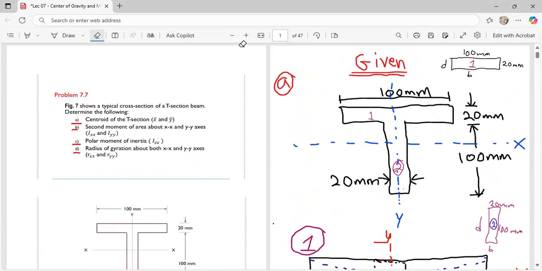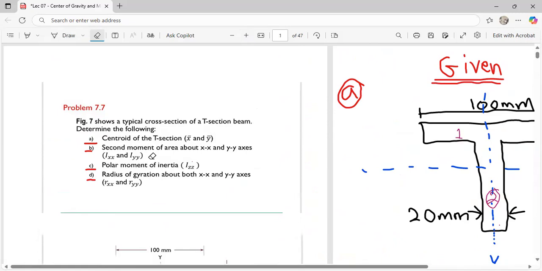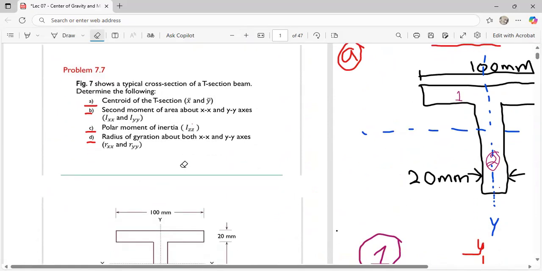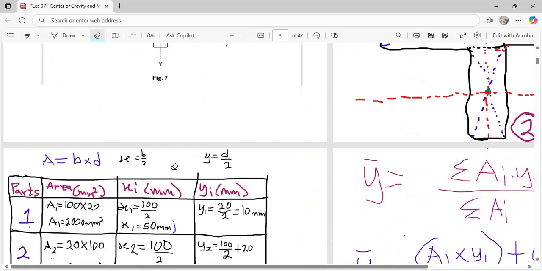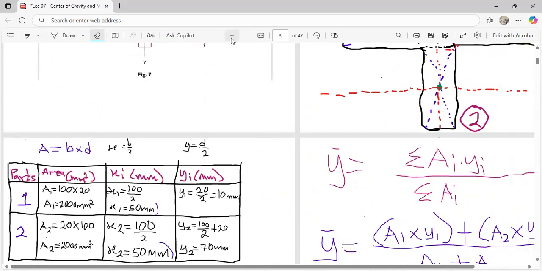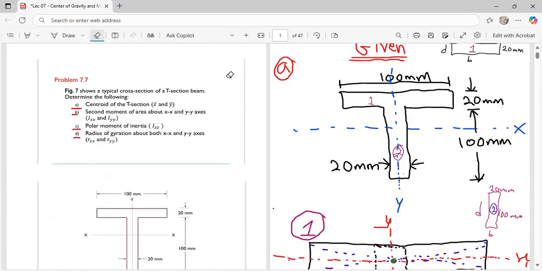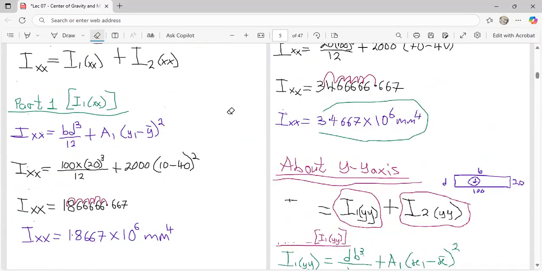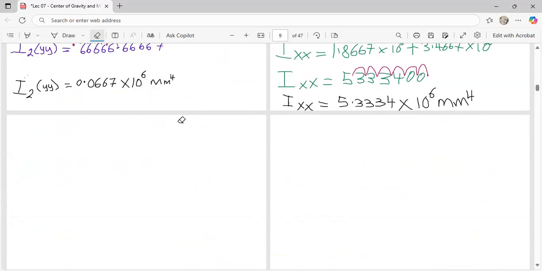So the last part is telling us that we should calculate the polar moment of inertia. That is I subscript ZZ. So we have to quickly move to calculate the polar moment of inertia.